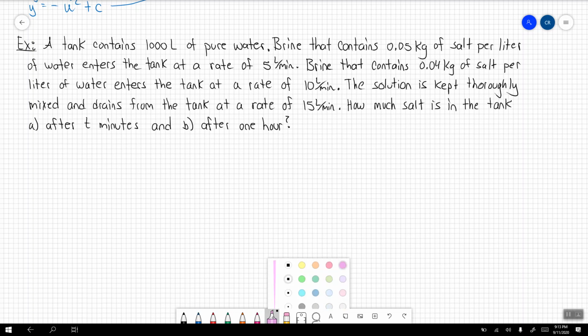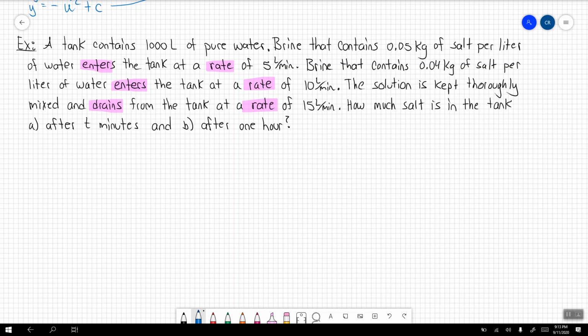So I'm going to identify here that they're telling us, hey, you're working with a rate and this is going to enter. You're working with another rate and that's going to enter as well. And then you're going to drain at a certain rate. All of these rates will then signify to us that we have some sort of differential equation.